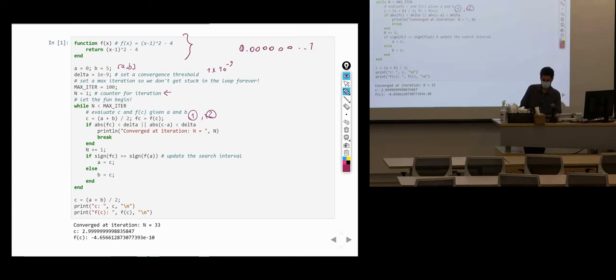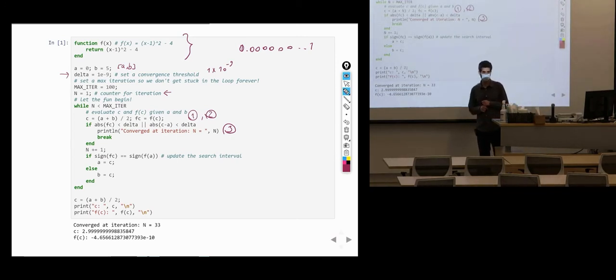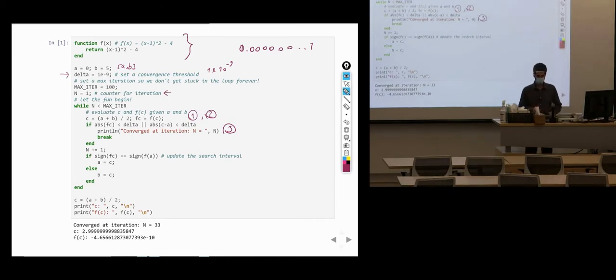Then the third step was to see if it's converged. So I am telling the code to check if the absolute value of f of c, that is f of c evaluated, is less than my delta convergence threshold, or if the absolute value of the difference between c and a is also less than that delta, then print converge and break.